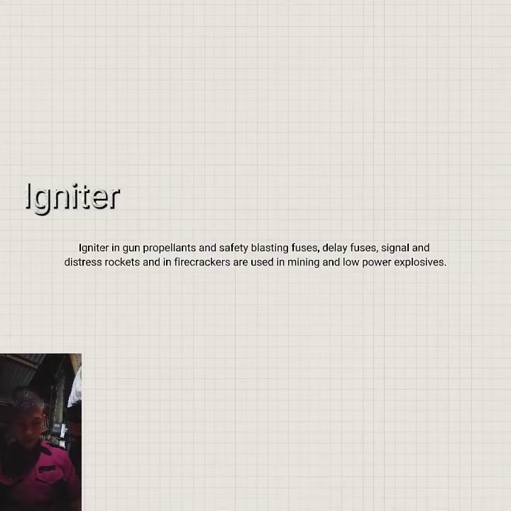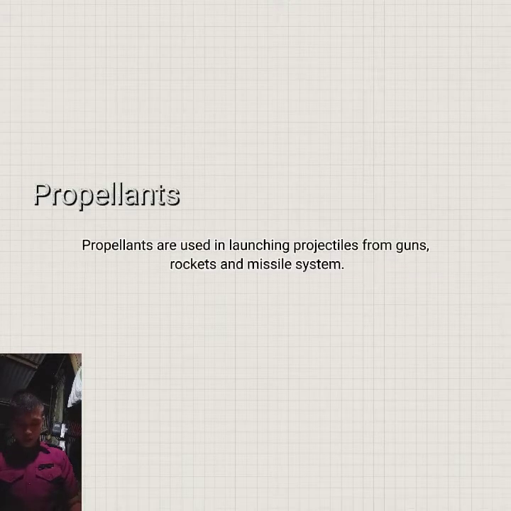Igniters are gun propellants, safety blasting fuses, delay fuses, signal and distress rockets, and firecrackers, used in mining and low power explosives. And the last one is propellants. Propellants are used in launching projectiles from guns, rockets, and missile systems.